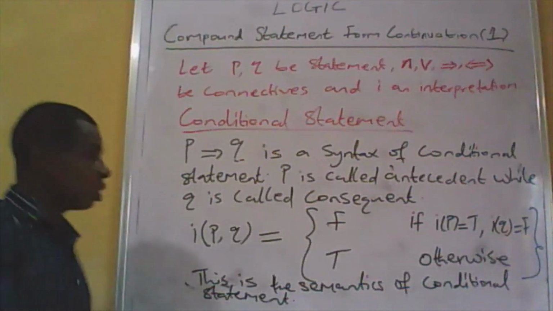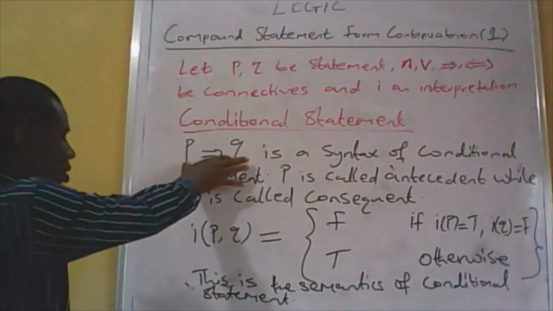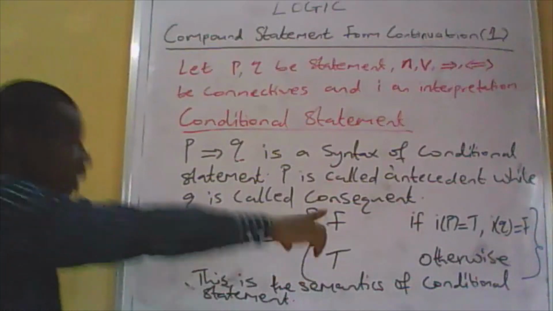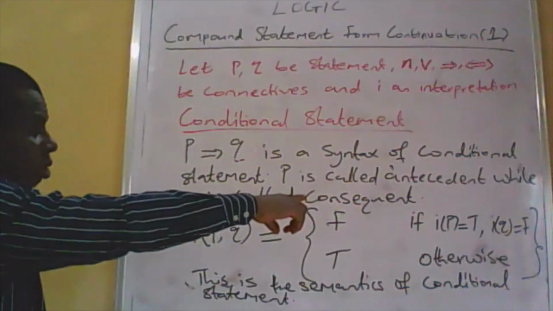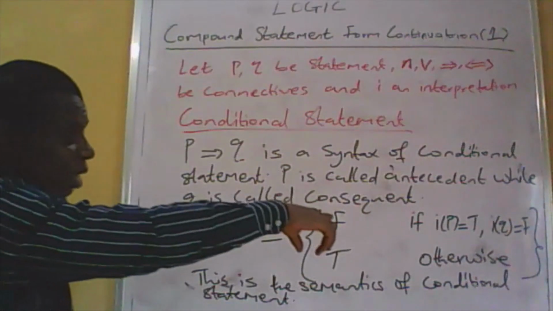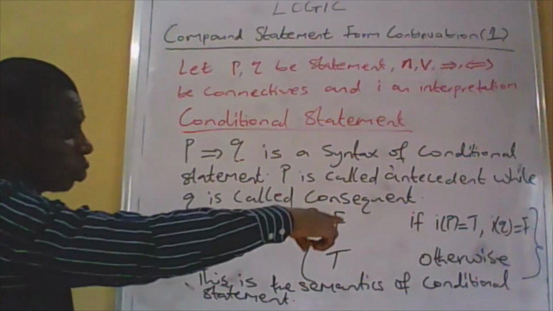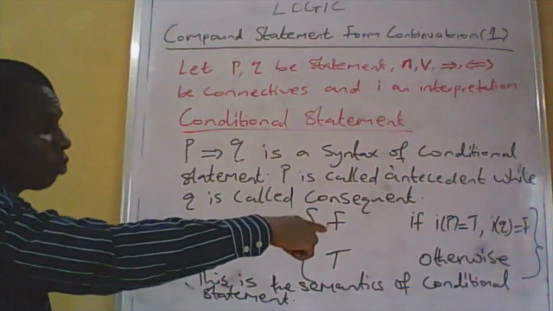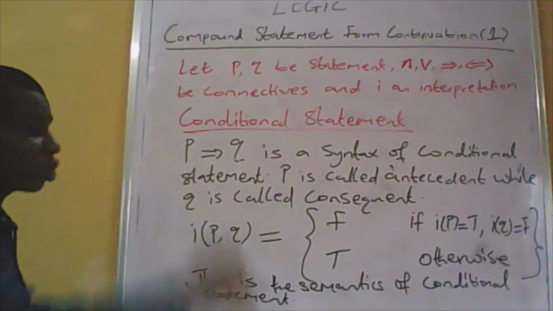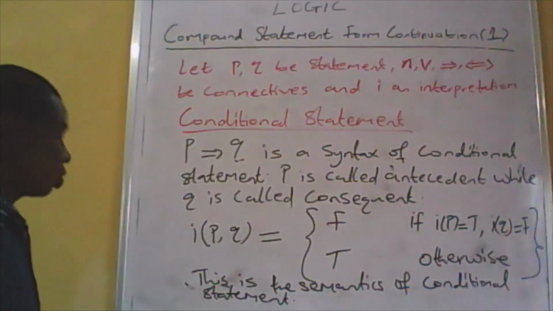That means the conditional statement is false if I of P is equal to T and I of Q is equal to F. That's only when it's going to be false, but otherwise it is truth.